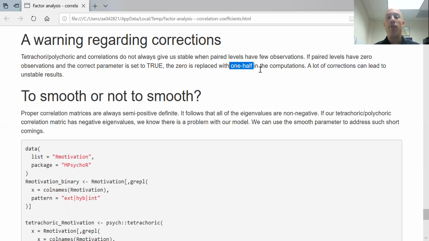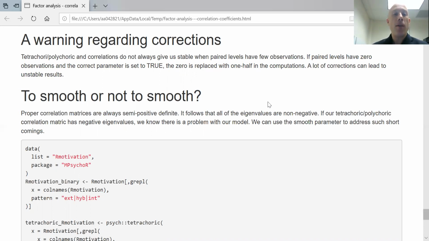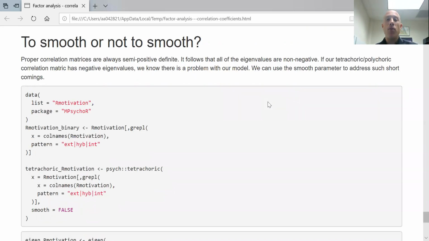Well, what'll happen is if I have a lot of these corrections, I can get unstable results. Now, another thing to think about is if I was to actually go through and compute all of these, because I'm working bivariate and I'm not working multi-normal, since I'm only using 2 at a time instead of what would theoretically be multivariate normal, it can work out that I get basically gibberish output.